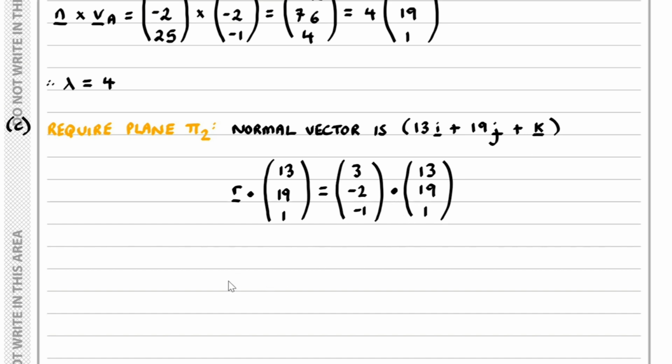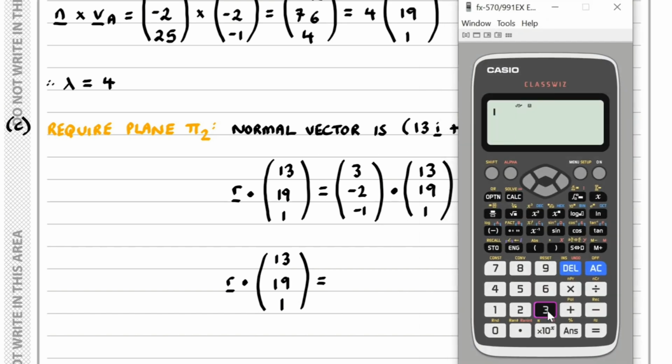So if we work this out, we've got r dot with (13, 19, 1), and this is equal to 3 times 13 plus minus 2 times 19 plus minus 1 times 1, which is 0.